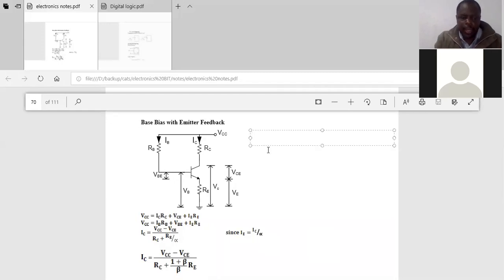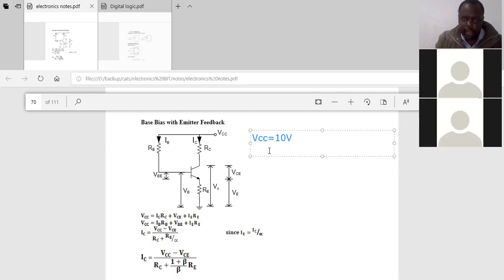So I'd given you some parameters. VCC was 10 volts. Then RB was 5 kilo ohms.